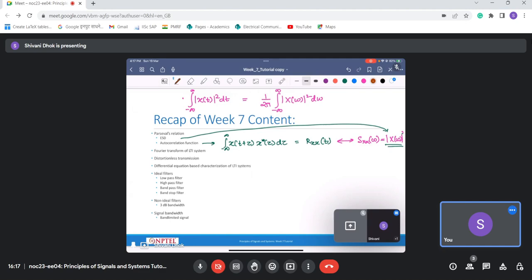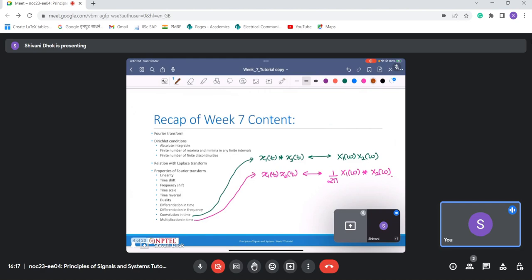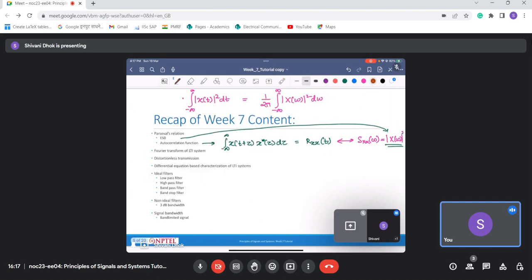After that, the concept of the Fourier transform for LTI systems was analyzed. This is basically a simple extension of the convolution property of the Fourier transform. It says that if I have an LTI system with impulse response h of t, and I give an input x of t, then its output is y of t, which is simply the convolution of x of t with h of t, and Y of omega will be equal to X of omega into H of omega.